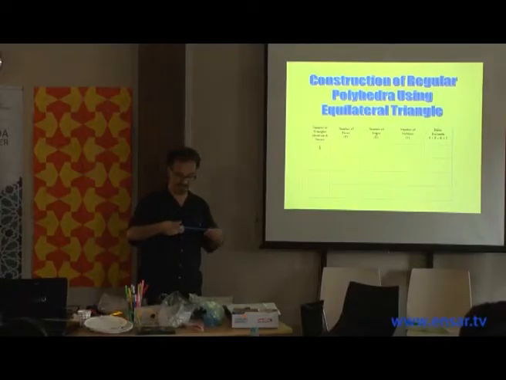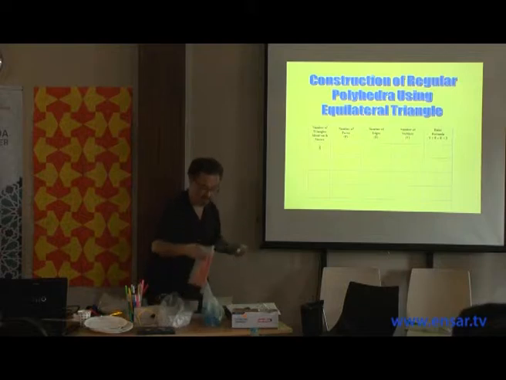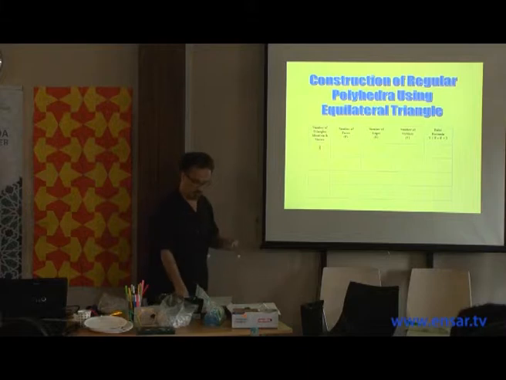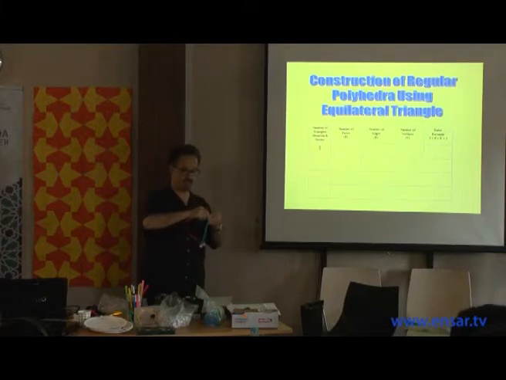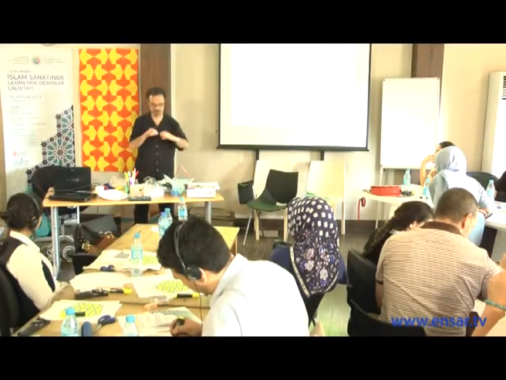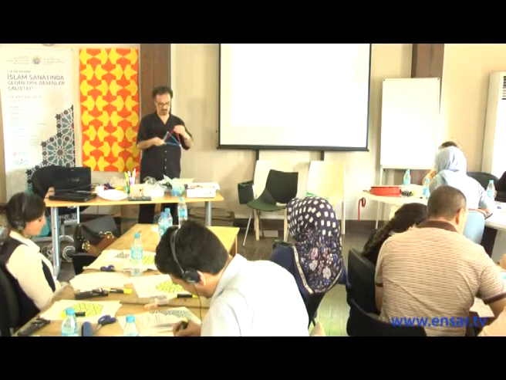So only in one direction you can hold it and then use three red ones to make your object. Do you see this? This is your tetrahedron.